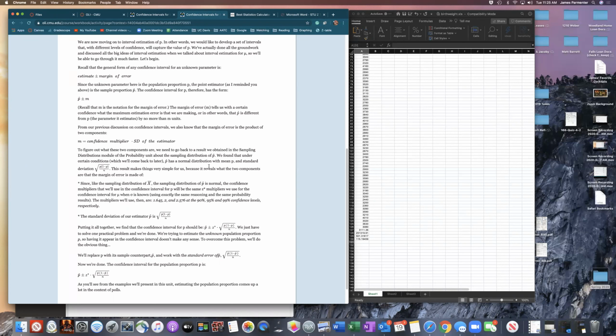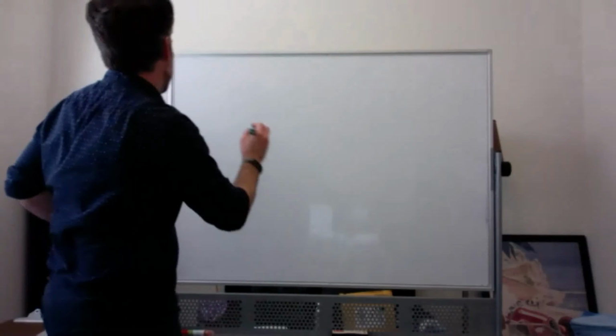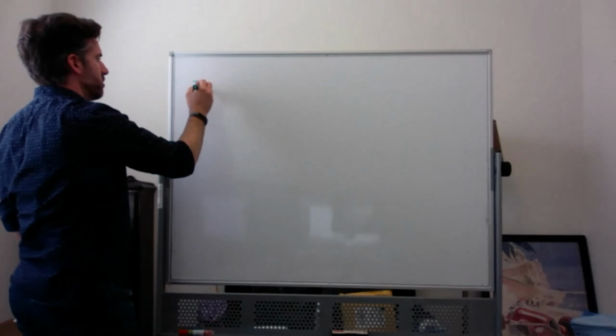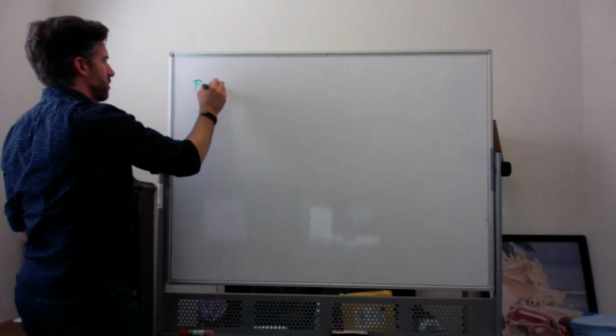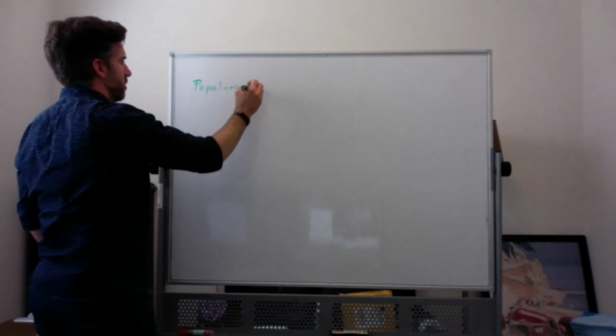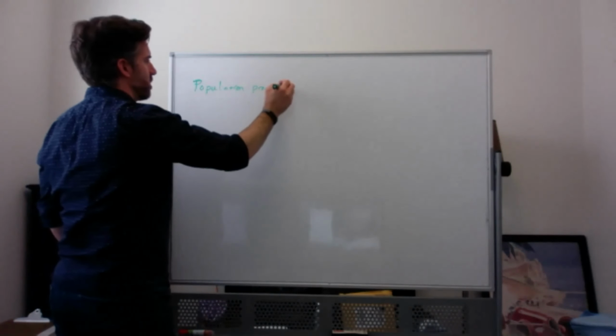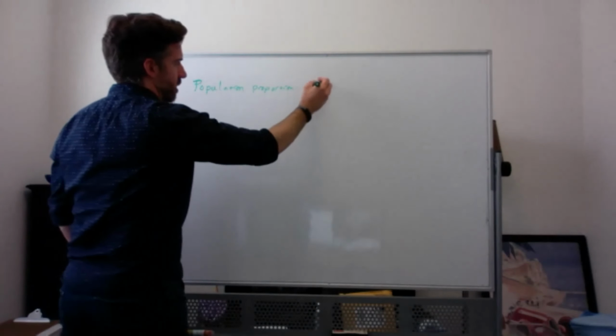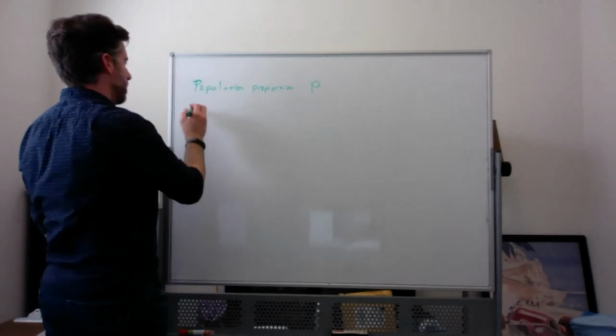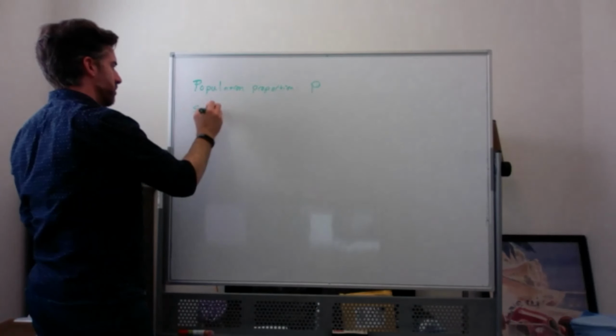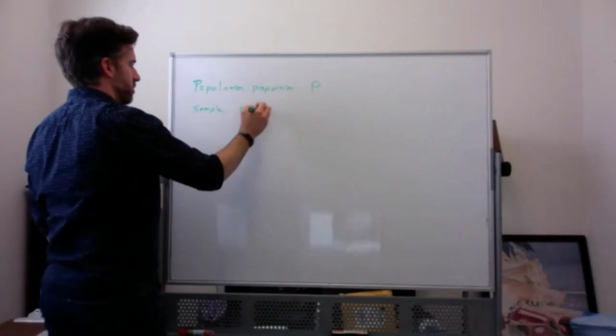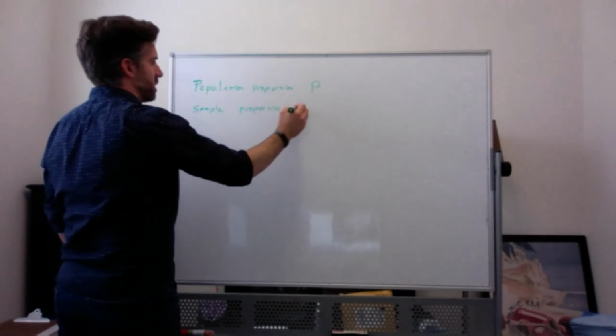Just for some notation, here's what we have. The population proportion, I should make sure I'm saying this right, I believe we just label it as P, and the sample proportion is given by P hat.